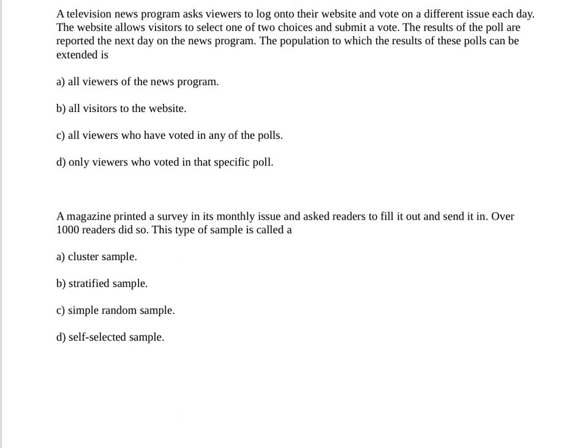All right. So we talk a little bit about this in the lesson notes. This can be called a convenience sample or a hazard sample because the program is simply asking people to participate. So it's kind of a volunteer sample. People can elect to participate or not.